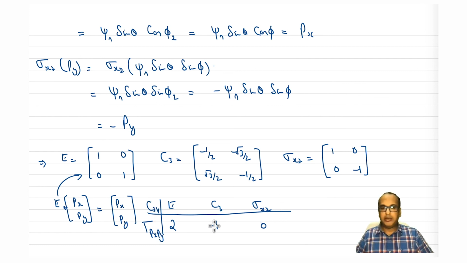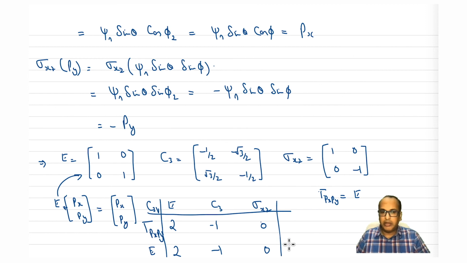Now we know that this is the trace for E representation under C3v point group. So we can say that tau px py is nothing but E representation, right? And E representation has basis, like if we write it down here, E 2 minus 1 0, the unit vector basis for that is x and y, right? So it is transformed as x and y.